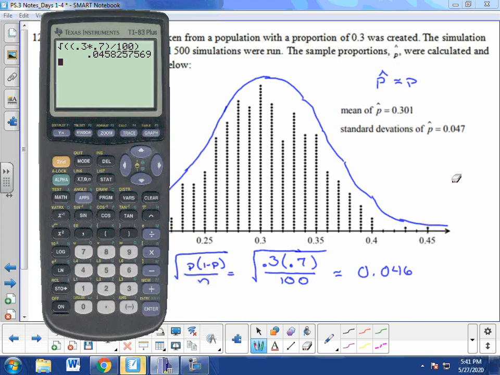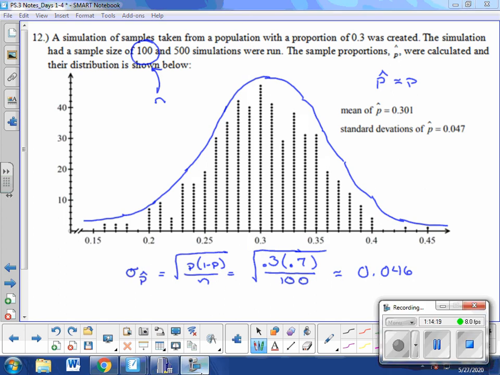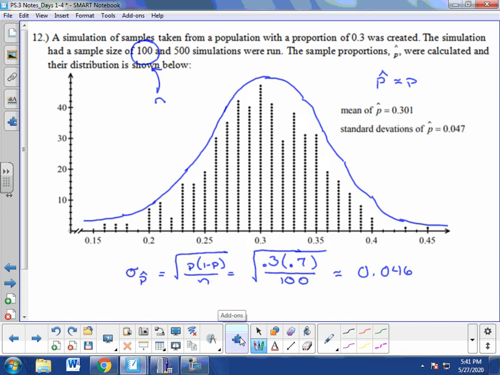And so this value, the standard deviation of P hat, is very near this formula, the square root of P times 1 minus P divided by N. So we have enough simulations here that the sample data that we're drawing from is representative of the population.